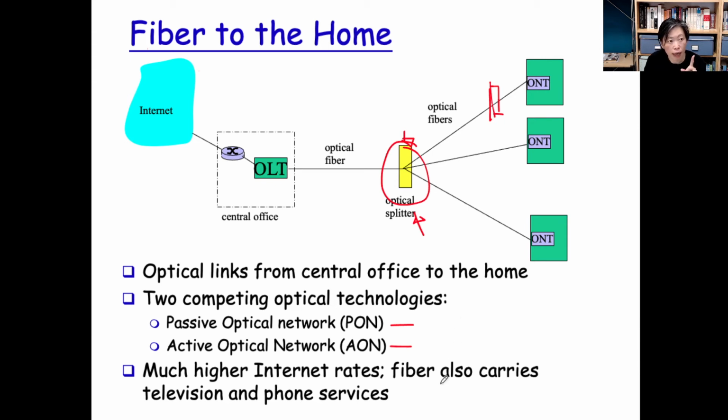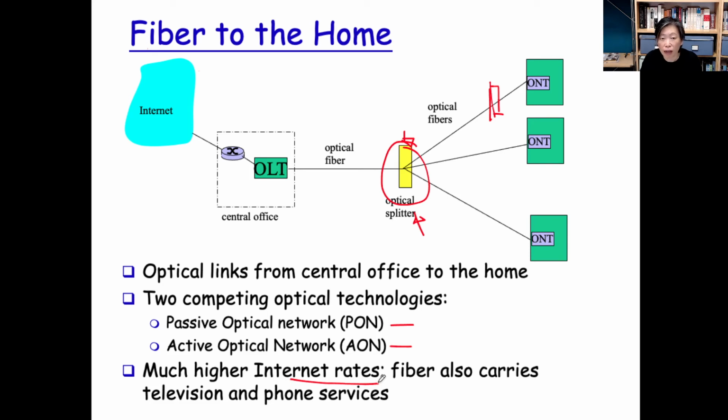Now, in FTTH, the downstream and upstream bandwidth vary, but essentially the maximum capacity is much higher than the cable modem network and the DSL network. In Taipei, it's very typical to subscribe to services with a downlink of 100 megabits per second and an uplink of 40 megabits per second.